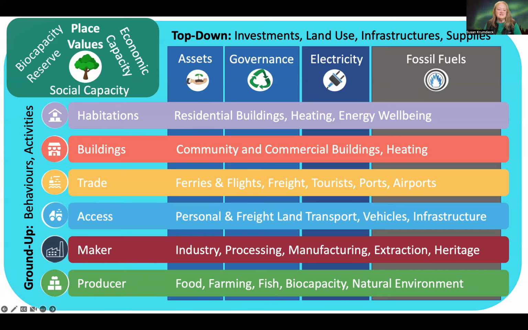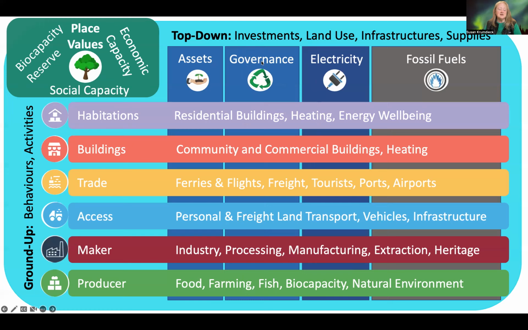So all of these elements of the system, I should say, today use fossil fuels. So that is a big chunk of what enables these systems to work the way that they do now. Electricity is another big input into the system. Governance, so we always have rules and regulations, and the way things work, the way things are financed.